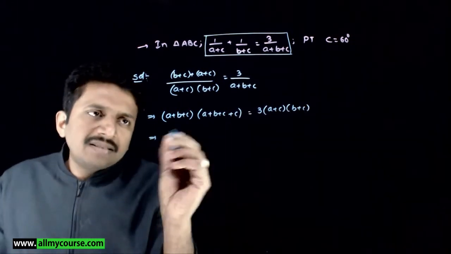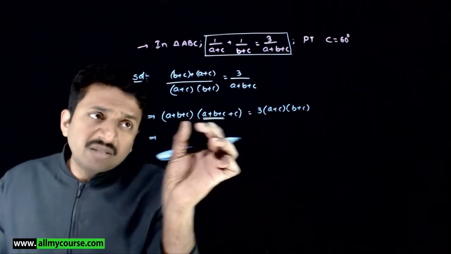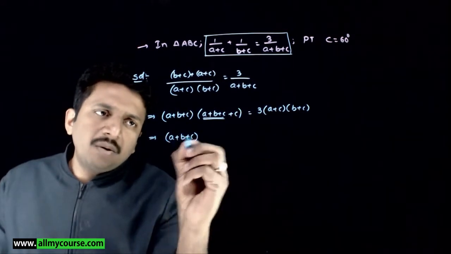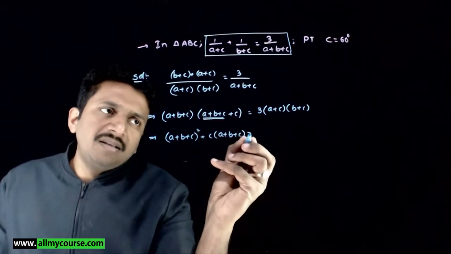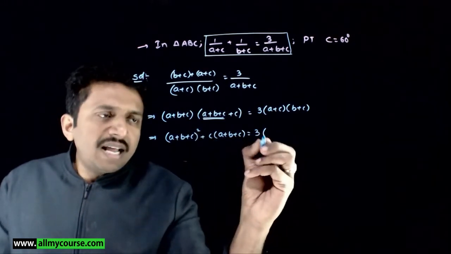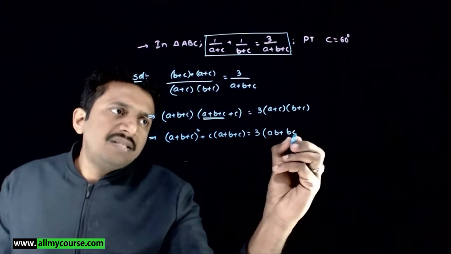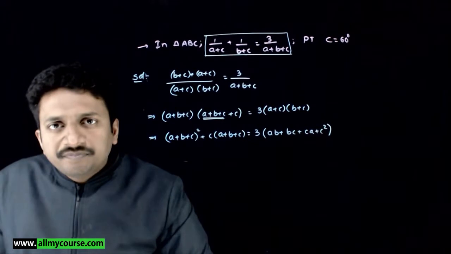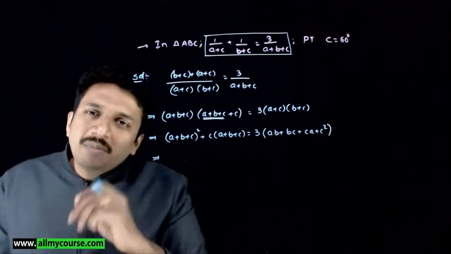So this implies, if you expand the bracket in this way, A plus B plus C into A plus B plus C. So you have A plus B plus C whole square plus C times A plus B plus C is equal to 3 times, if you multiply these two, you get AB plus BC plus CA plus C square. So this implies, what is A plus B plus C whole square?